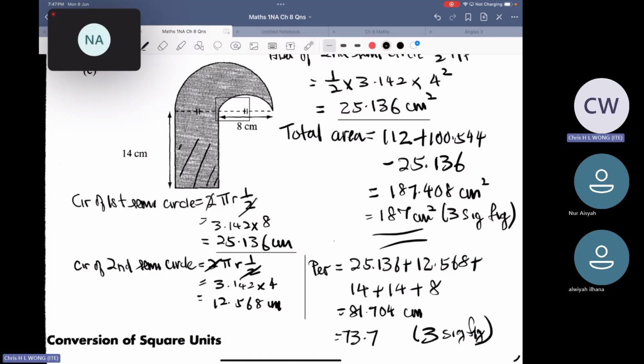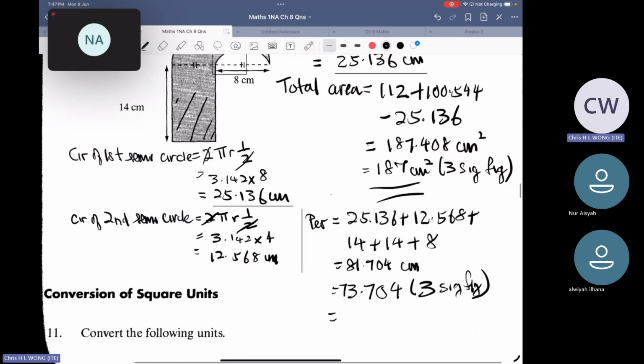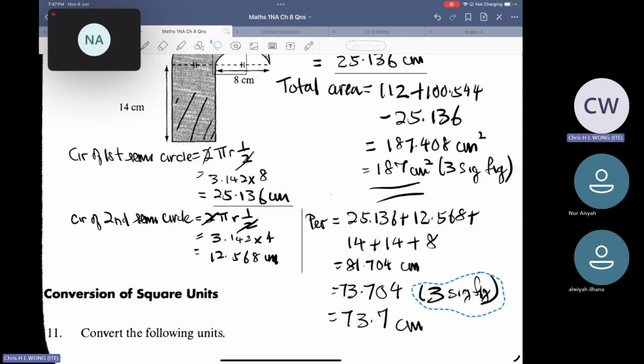Three significant figures will be 73.7 cm. All good.